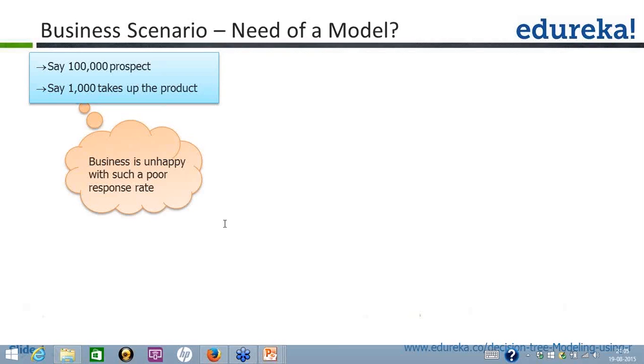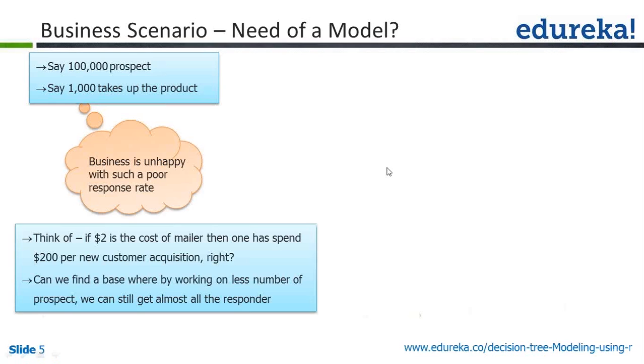So probably you understood what the response is. The response rate is 1%, because you sent your offers to 100,000 prospects, but ultimately only 1,000 took your product. Now think of it this way: if the cost of sending was $2, how much did you spend?